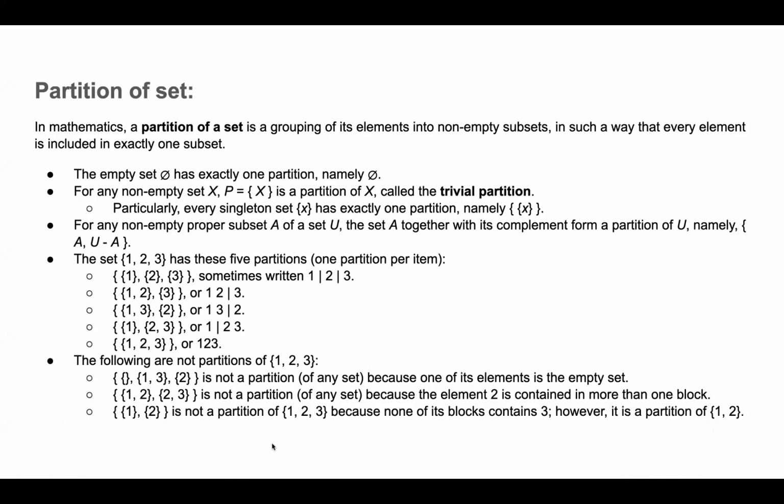Because 1, 2, 3 is the set, and here in the relation only 1 and 2 are given, 3 is nowhere used, so it is not a partition. For a partition, 3 conditions are there. Here we complete the partition of set.